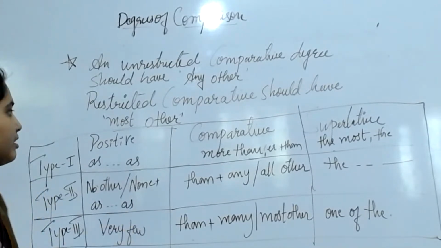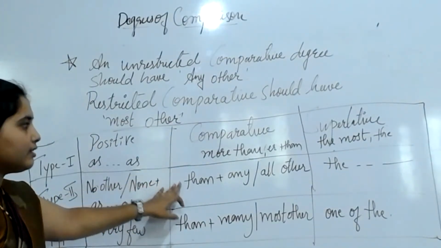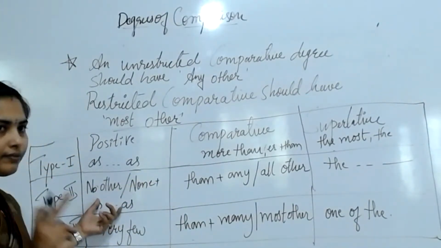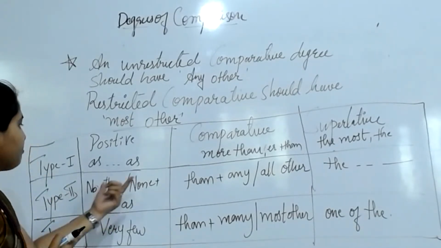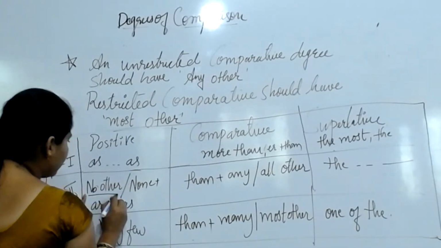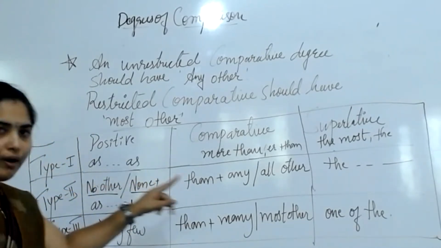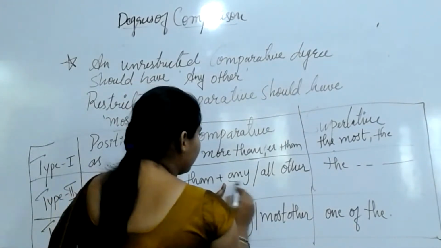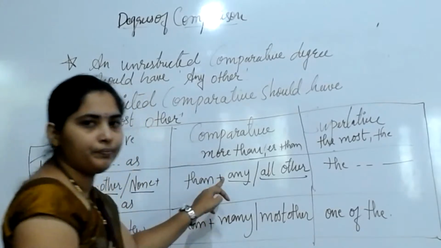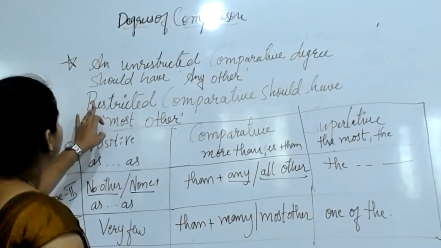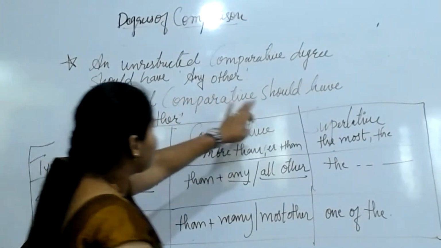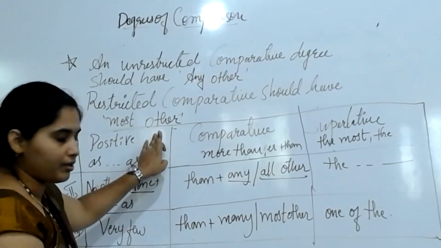Unrestricted comparative degree should have any other in the comparative degree. See, if the sentence begins with no other or none other, you have to use any other or else all other, right? And restricted comparative degree should have most other.